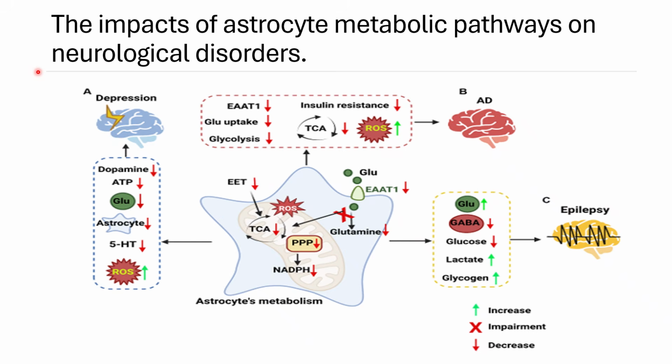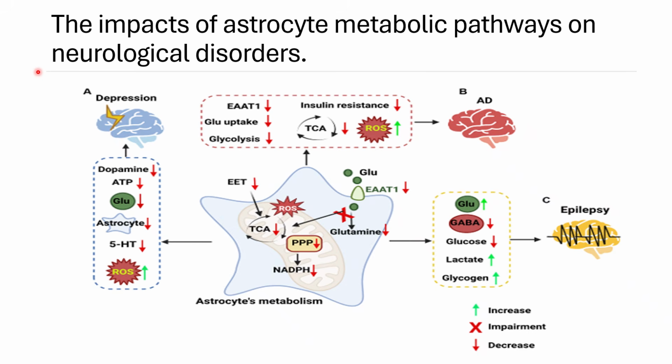In the depression disorder, a decrease in the number of astrocytes may lead to an imbalance of neurotransmission, synaptic connectivity, and general metabolism as well.